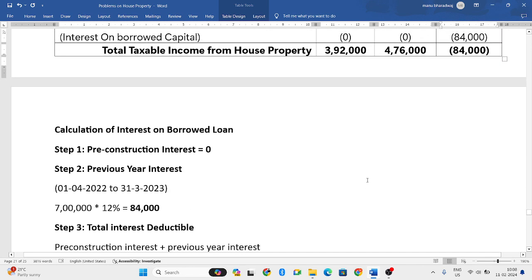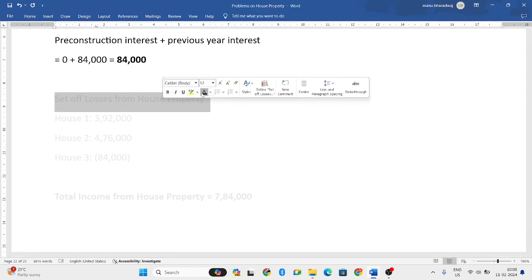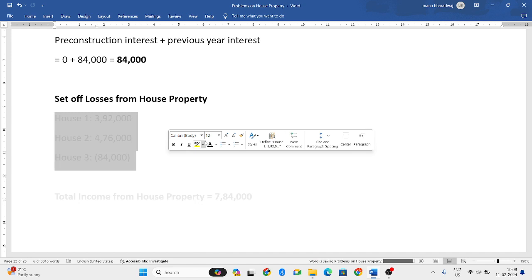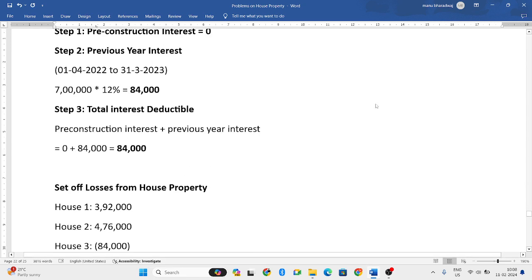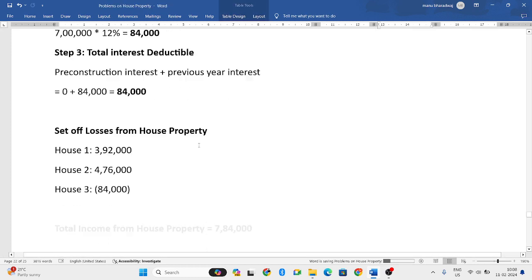Now we have to set off the losses. In my last video, I taught you how to set off the losses. First, write the profits and losses, income and expenditure from all the houses. First house, it is 3,92,000. Second house, it is 4,76,000. Third house, it is minus 84,000.